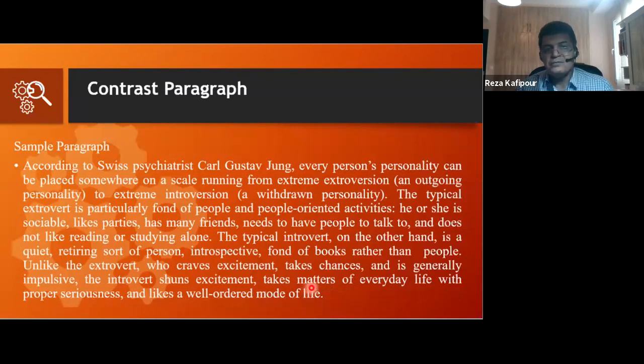The part from "who" up to "impulsive" is a dependent clause between two commas. So from here, with "unlike", we started one-to-one contrast.